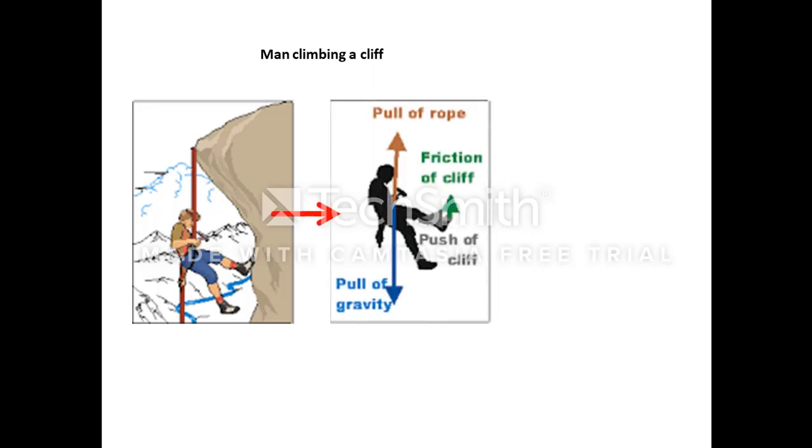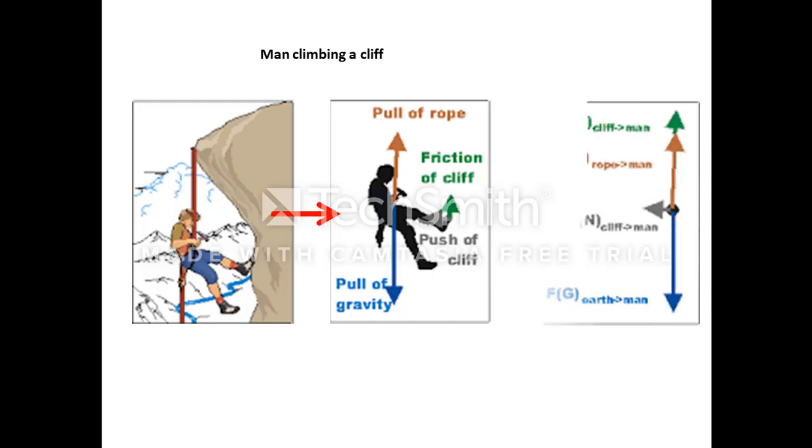Another example is a man climbing a cliff with a rope. There will be forces due to the pull of gravity. The man will be pushing on the cliff, and there will be the pull of the rope, and these forces can be represented as such.